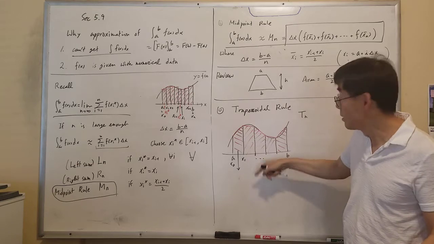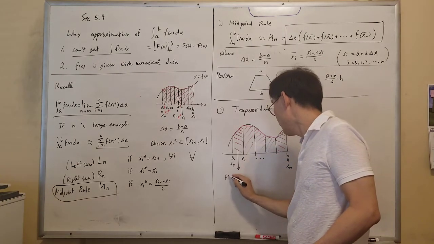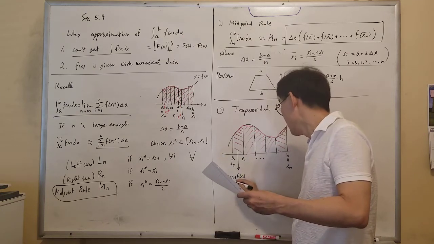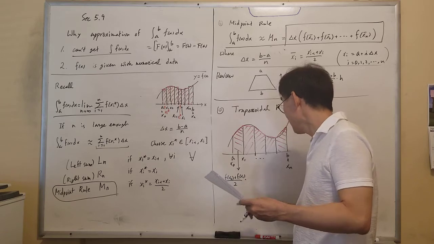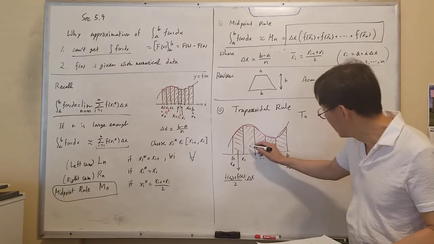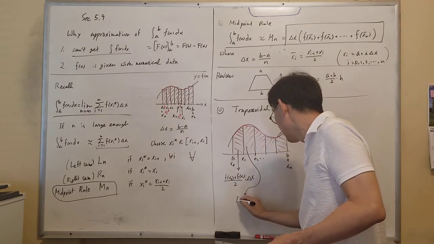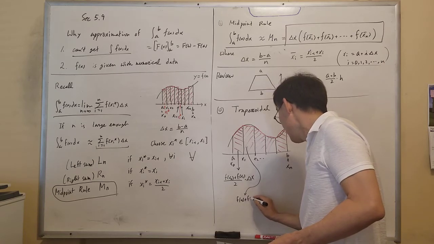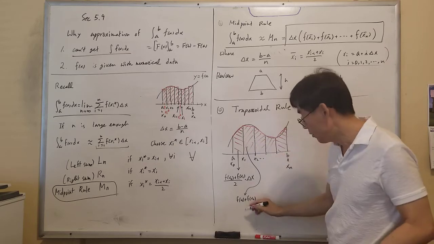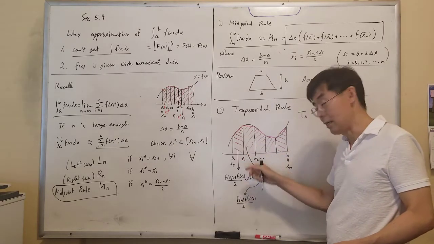These two are the bases, A and B. Average of those: f of x0 plus f of x1 over 2 times the height, which is delta x. Right? The second one will be f of x1 plus f of x2, base A, base B, the average times delta x as the height.